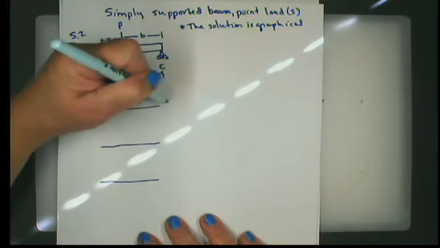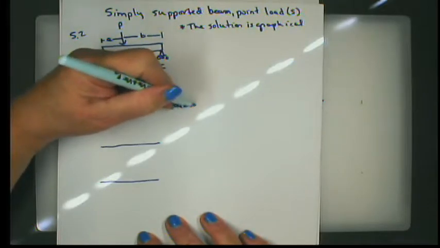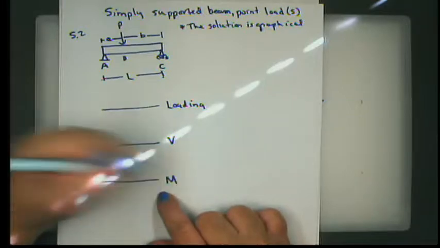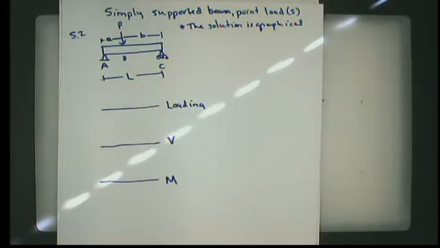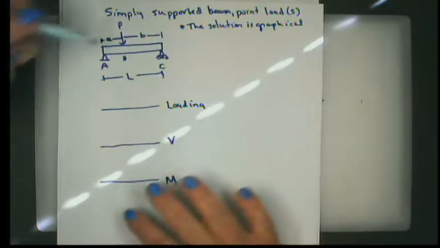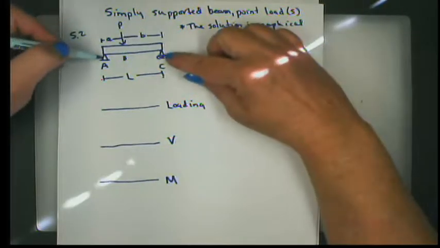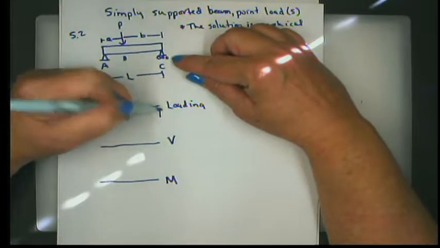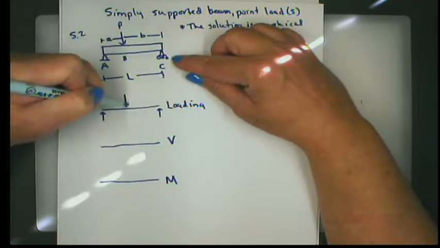The first is the loading diagram. The next is the shear diagram, and the last one is the moment diagram. Okay? So we already know how to construct a loading diagram, which is we draw the reactions. This is the reaction at A, the reaction at C, and the point load.